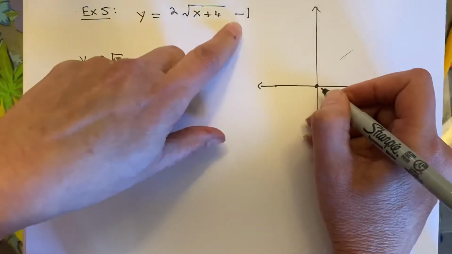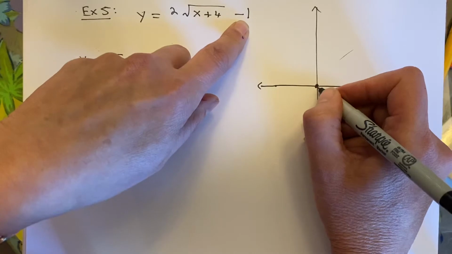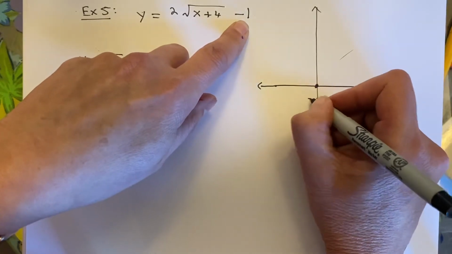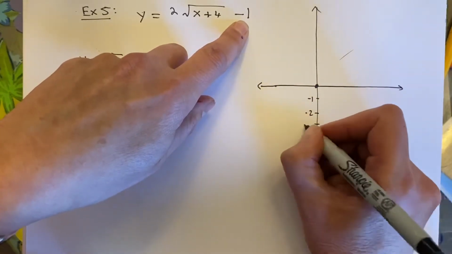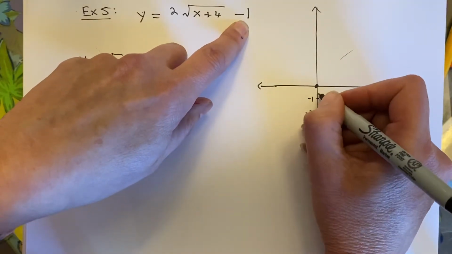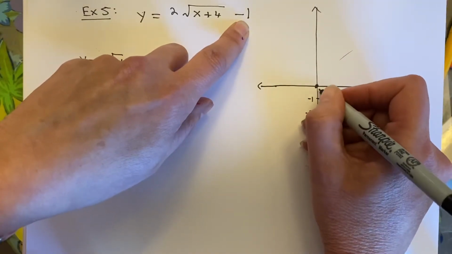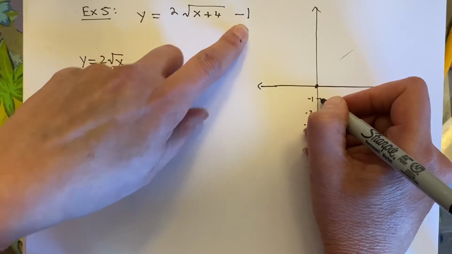What happens? Well, we know k is going to make it go up and down. So it's going to drop, a vertical translation down by 1 unit.